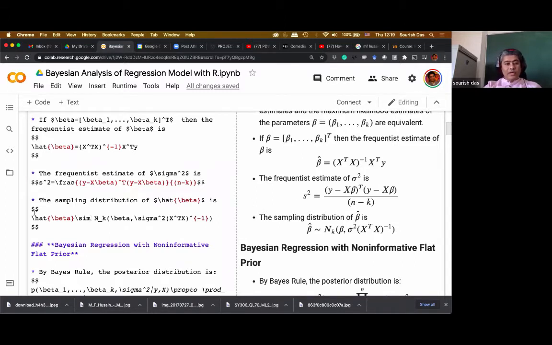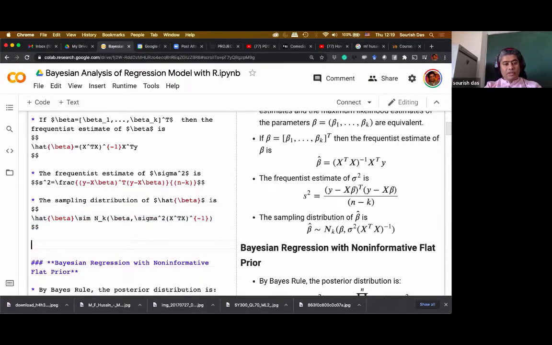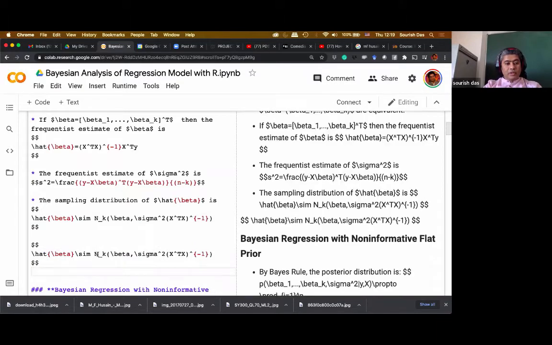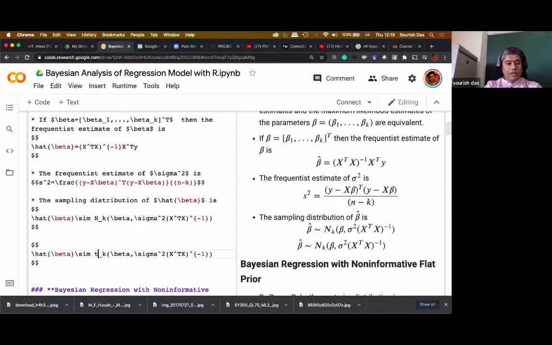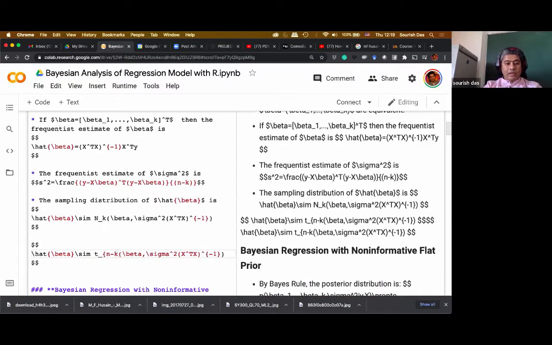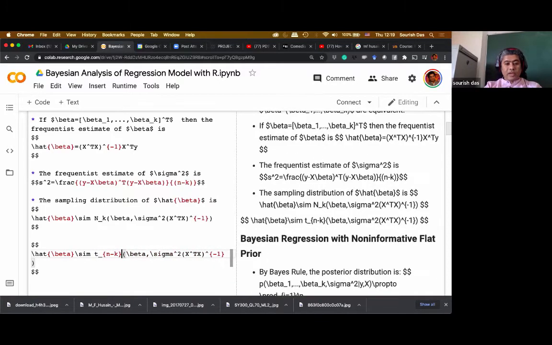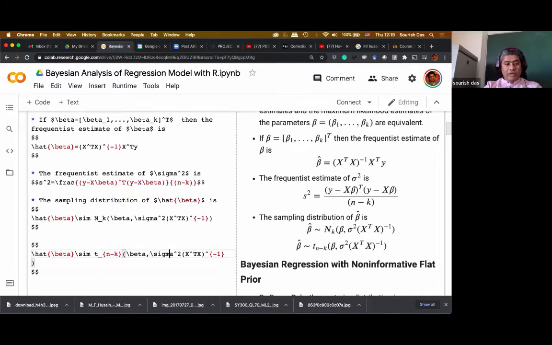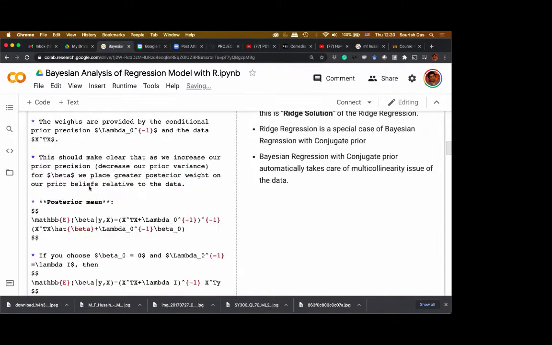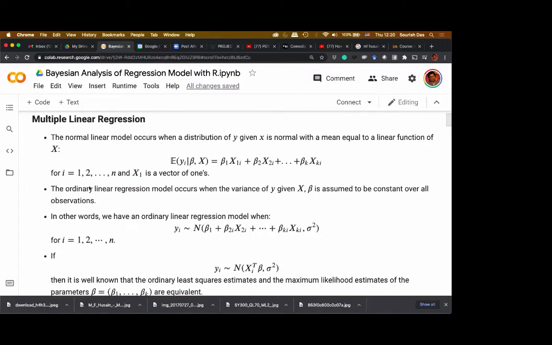If you do that, that will give you this distribution: T with n minus k degrees of freedom, and here it will be S square. Effectively, this is the distribution that you will get.